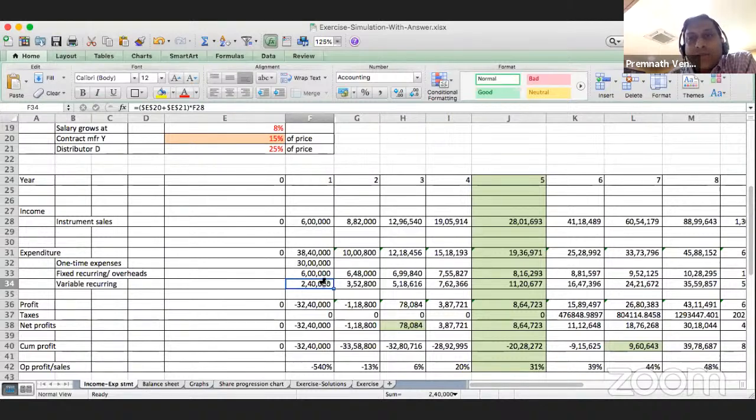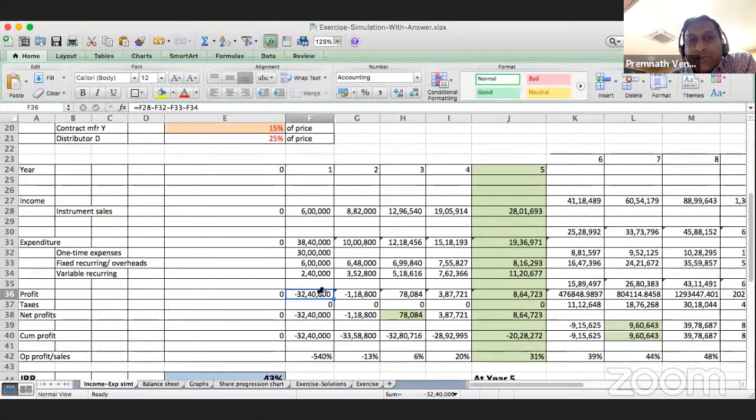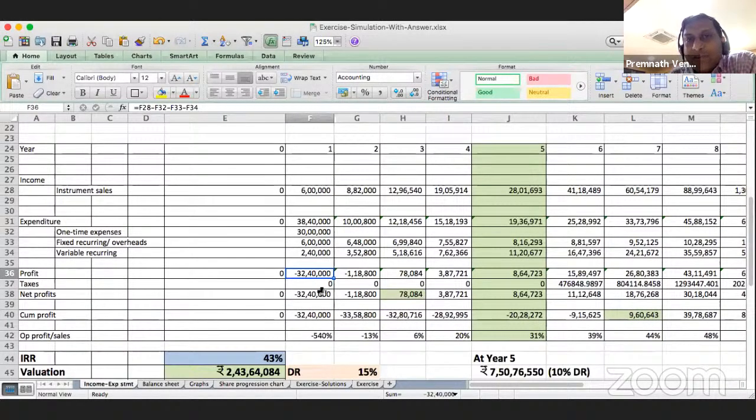So that was your variable recurring. And now you can add up, that's your total expenditure, minus it from the income, and you have your profit. And you can see in the first year you have a loss of 32 lakhs 40,000, right? That is the loss that you're going to have in the first year. Obviously, somewhere the money has to come. That money is going to come from the investors.